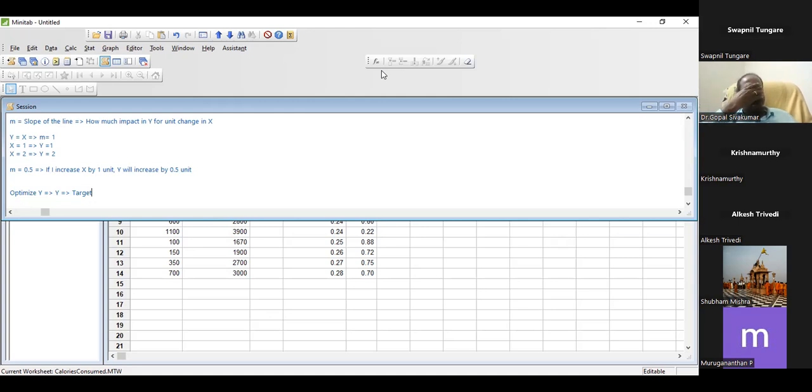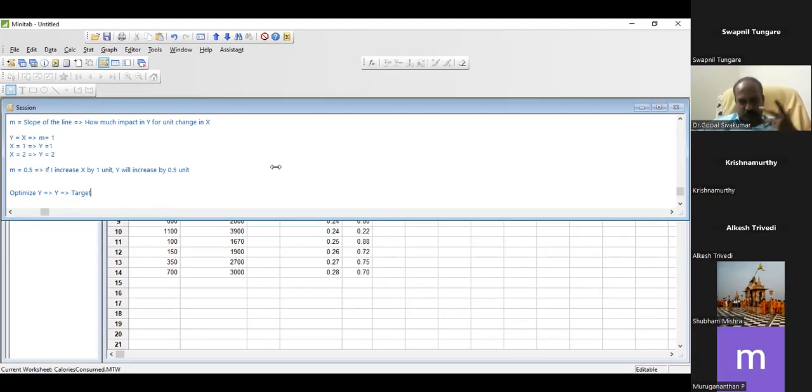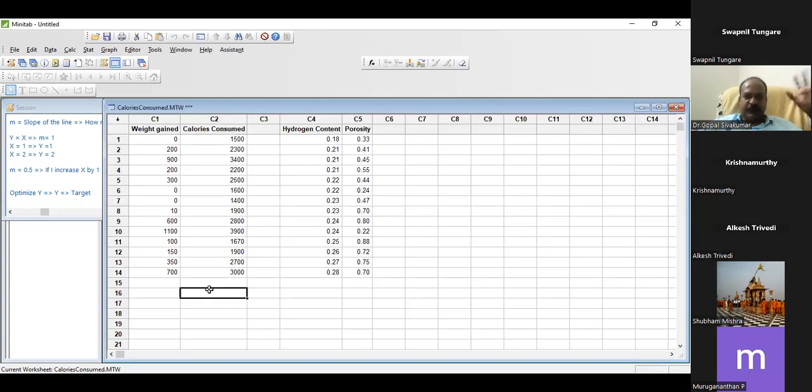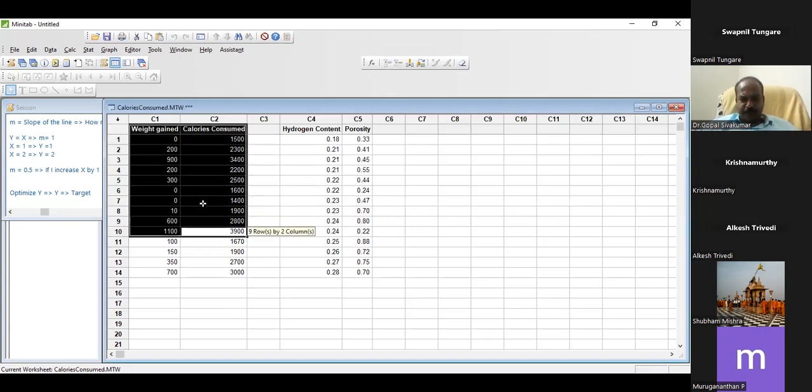All of you understand what I'm speaking? x can be anything, y can be anything, in your business process. Now, how should I optimize my x so that I can optimize my y? So that's the meaning.